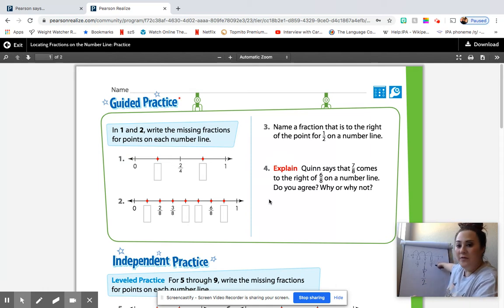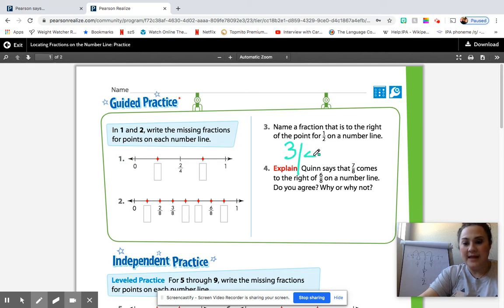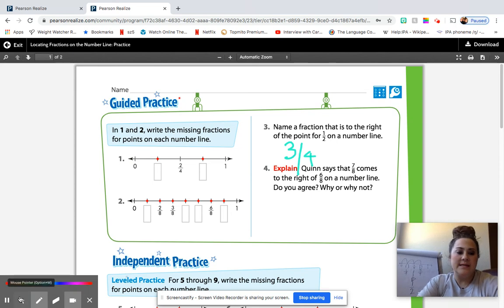If I am looking for a fraction to the right of 1/2, I could say 3/4 is a fraction. So I could go ahead and write that in, okay?